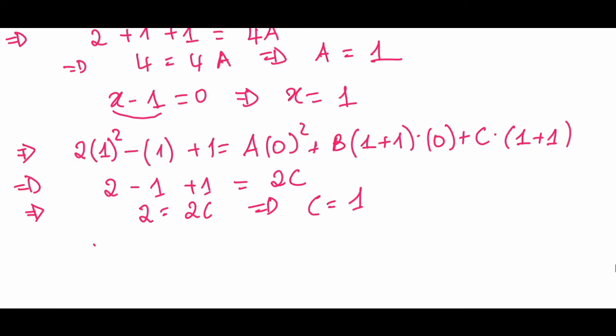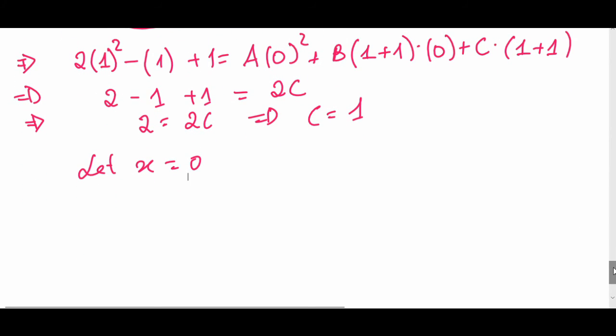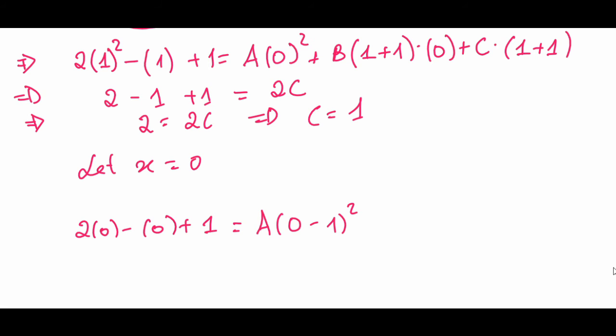So let me say x is equal to 0, because it is the easiest choice I have. This will give me 2 times 0 - 0 + 1 is equal to a(0 - 1)² plus b(0 + 1)(0 - 1) plus c times (0 + 1).